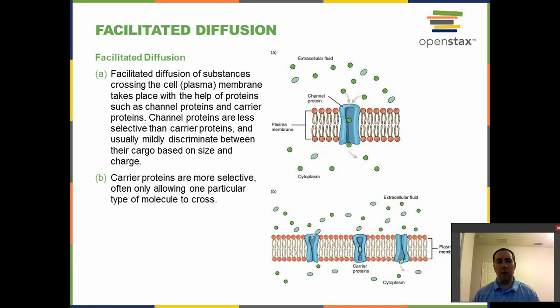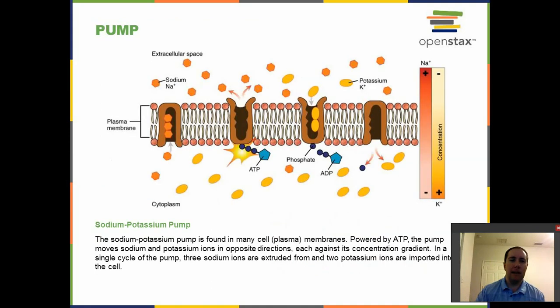Anything that can fit through it will fit through it. But the carrier protein will only allow certain molecules to cross. But neither one of them uses energy. There's simply a hole or a pore that allows diffusion to happen because it can't get through the plasma membrane itself. And then finally, we have a pump.